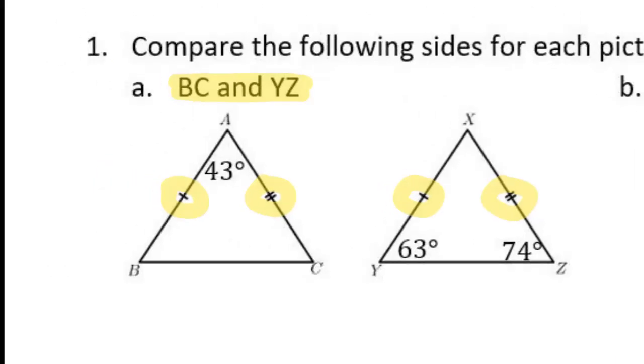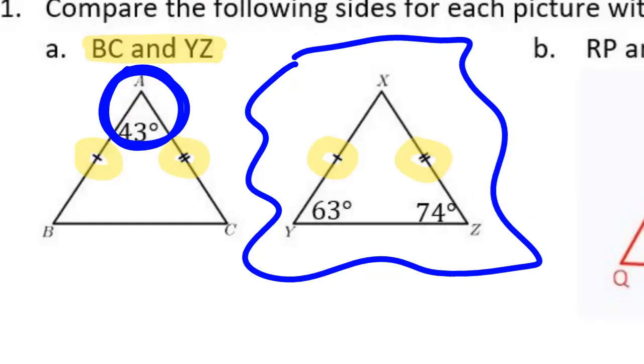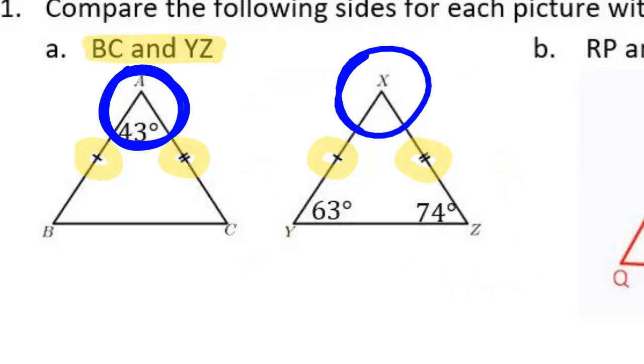The angle in between the two sides on the first triangle is angle A. It's 43 degrees. Do we know how big the angle that is included in between the two congruent sides is over here? No, we would need angle X, and I don't know how big angle X is. Do I have the ability to find it?